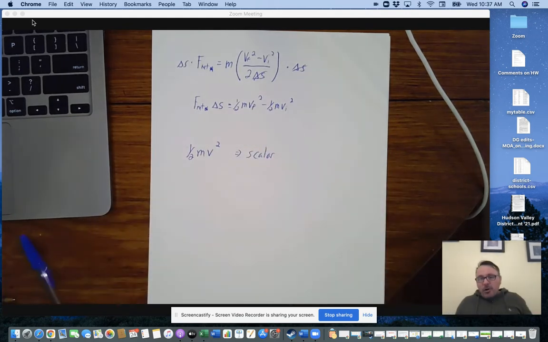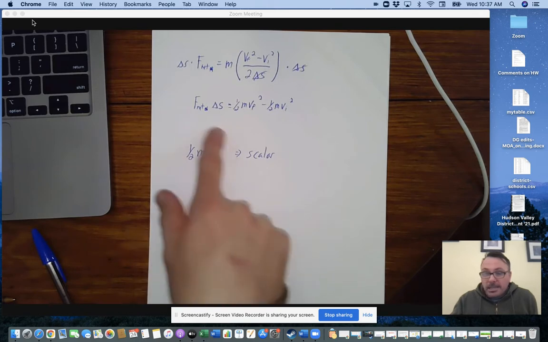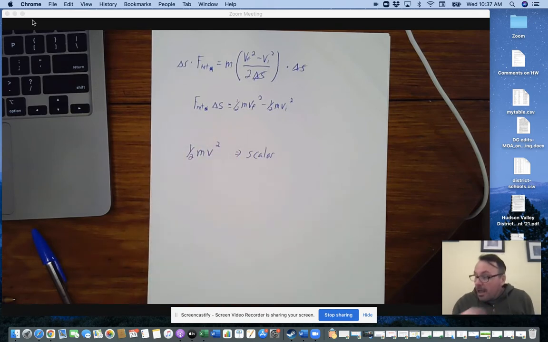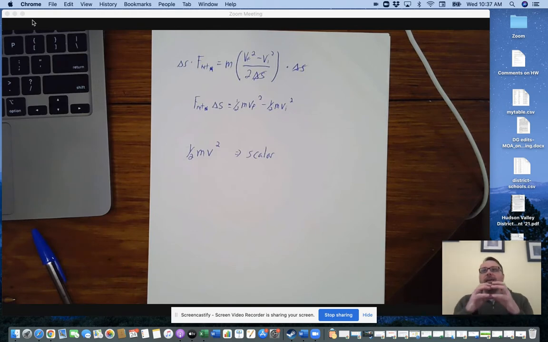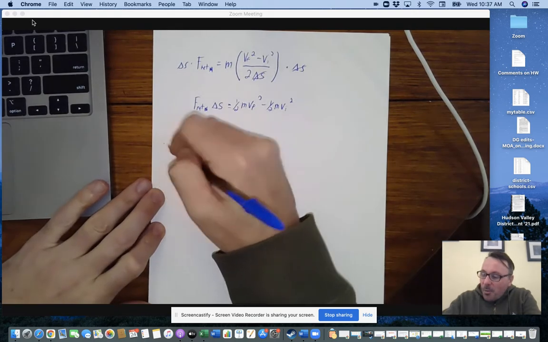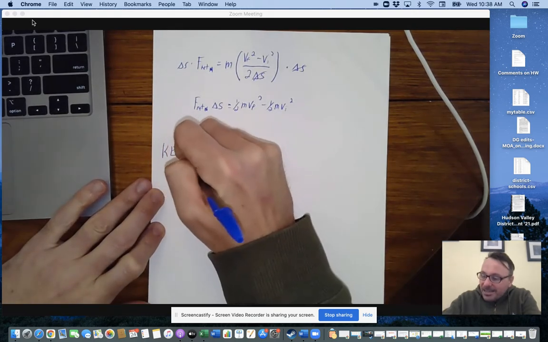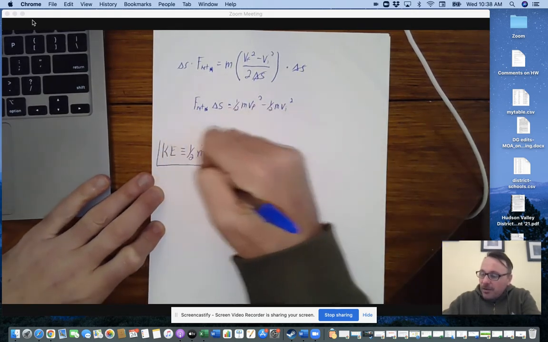And it's a scalar quantity that describes something about a moving object. The more massive an object that's moving, the bigger this number is. The faster it's going, the bigger this number is. So it's almost like a number that we can put to something that describes something about its motion. Oh, folks, we're just going to define this as the equation for kinetic energy.